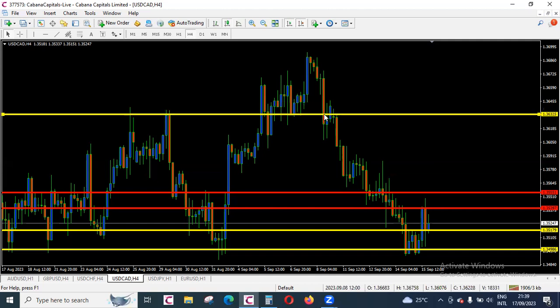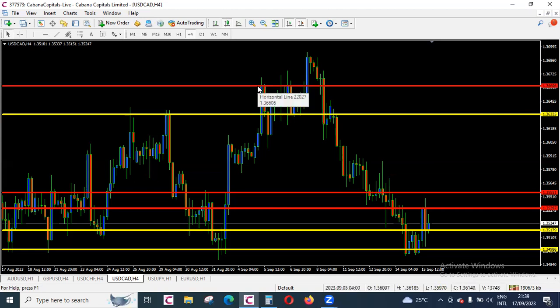This could be your first target. This could be your second target. Okay, so that's my take on USD CAD. Would buy above this zone, sell below this zone.